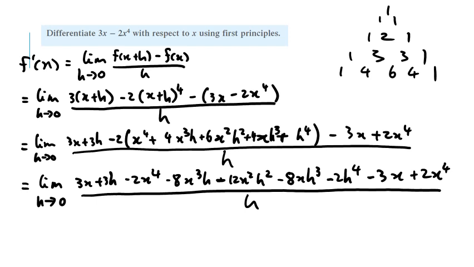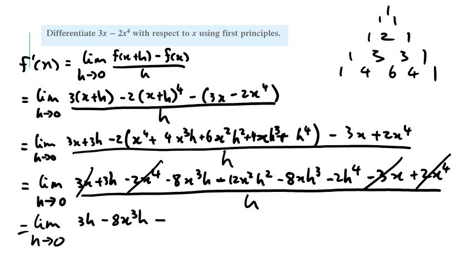Alright. Now, look for all the x terms, make sure that they all cancel. I'm hoping I haven't done anything wrong. And then 2x to the power 4. Then you're left with 3h minus 8x cubed h, minus 12x squared h squared, minus 8x h cubed, minus 2h to the 4.